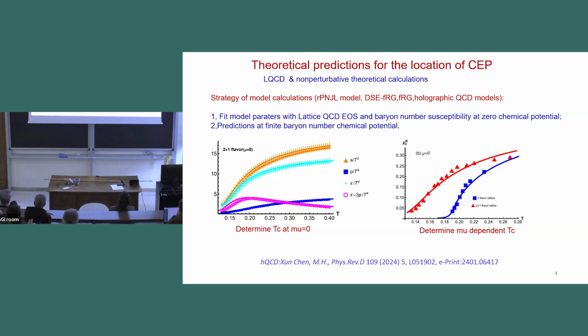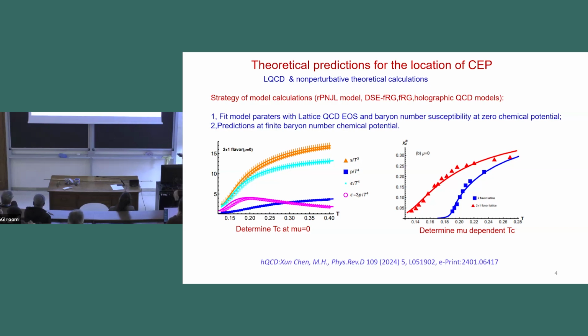If you expand the system in small mu over T, the baryon number susceptibilities will tell you the Taylor expansion coefficients, basically. So when you fix the parameters at zero chemical potential by the equation of state and by the baryon number fluctuations, in principle you can predict the trend of this phase transition line.